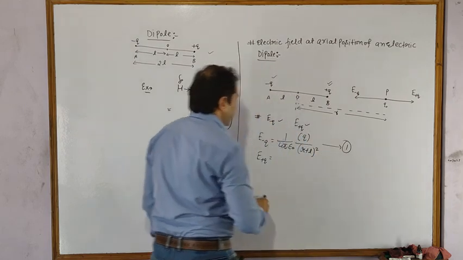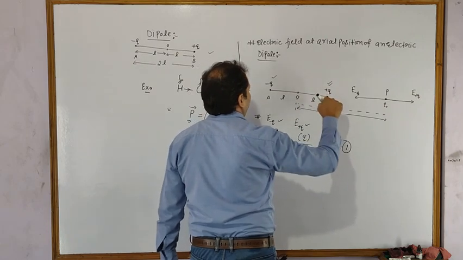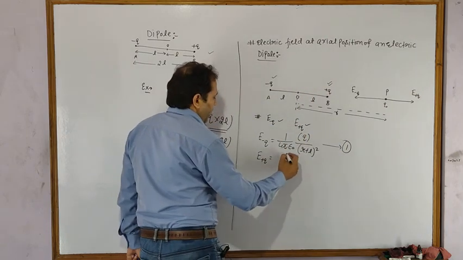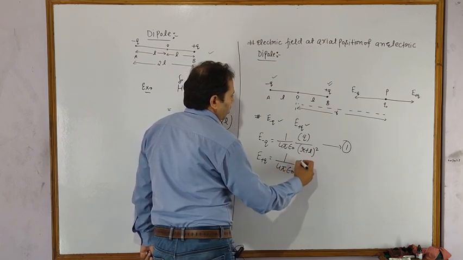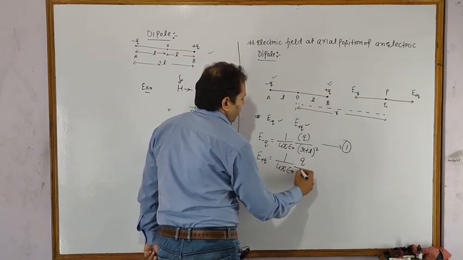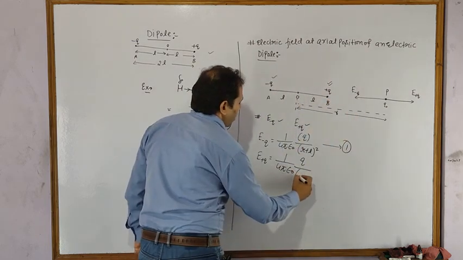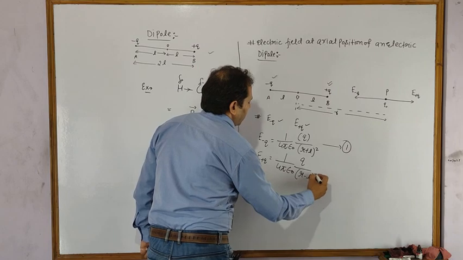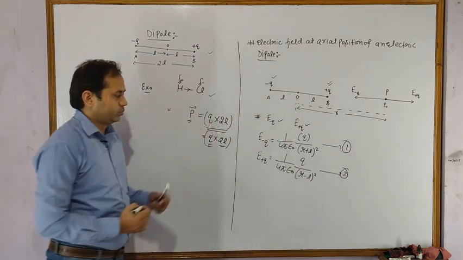That will be equation number 1. And the electric field due to the charge at point B can be written as 1 upon 4 pi epsilon naught Q upon the distance between B and P, R minus L the whole square. That will be equation number 2.